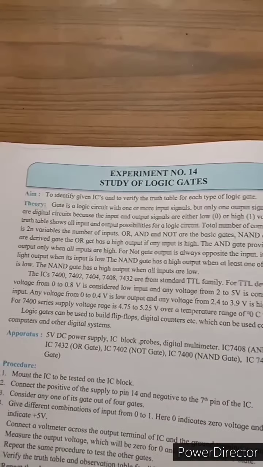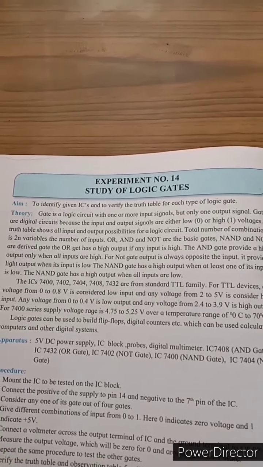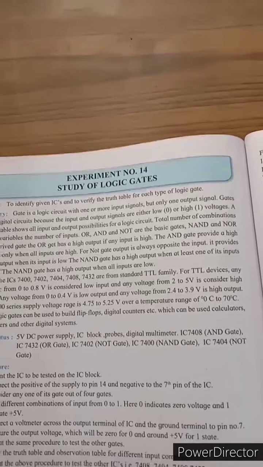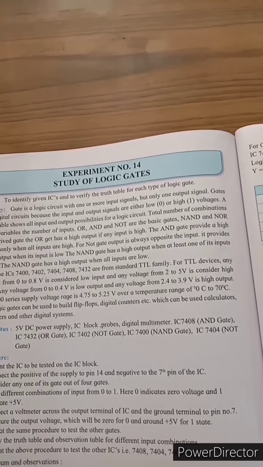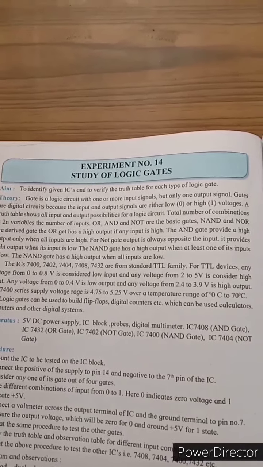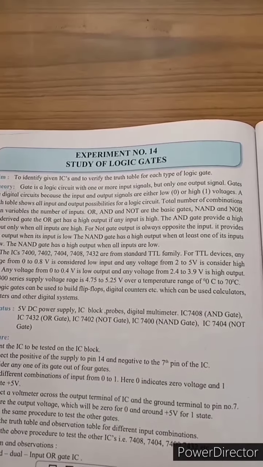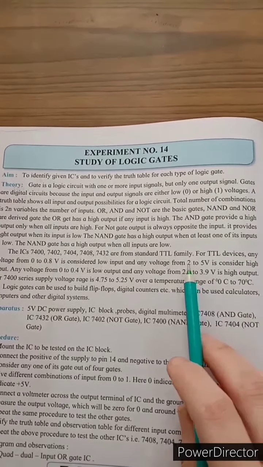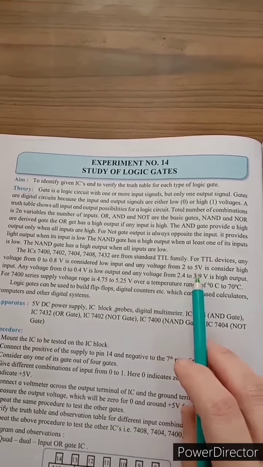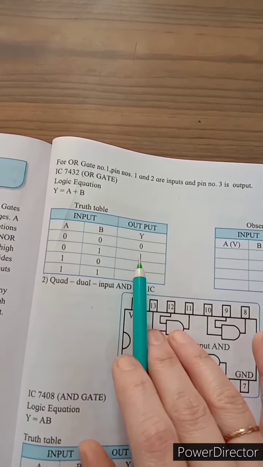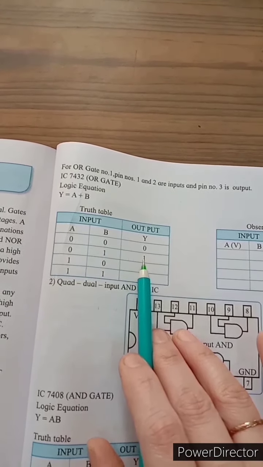For a logic gate, whatever the number of inputs or input voltage we are supplying, it will give only one output, and that output will be high or low. If the output is high, the voltage value will be 2 to 4 volts, and we write it as the number 1.